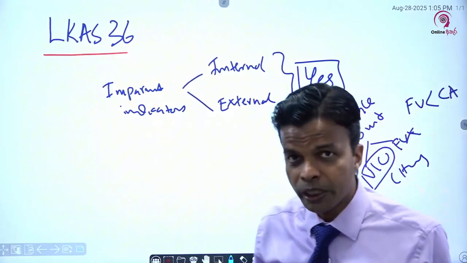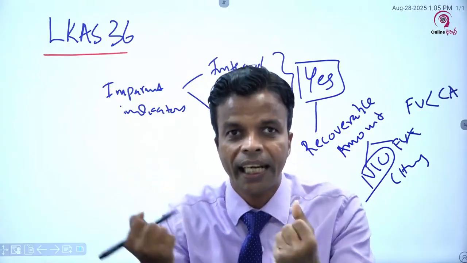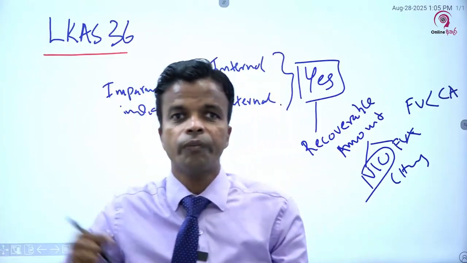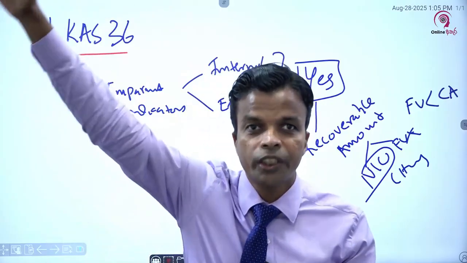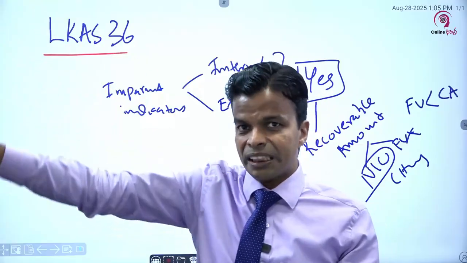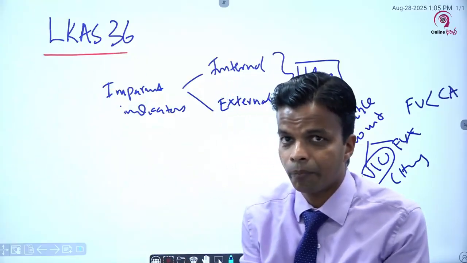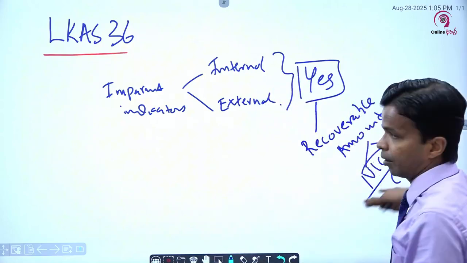So value in use means what is the total amount of cash you are getting by continuing to use this asset. So meaning you have to establish future cash flows which you are going to generate through this asset, present value it, and take that amount, that is value in use, and compare that amount with the carrying amount.